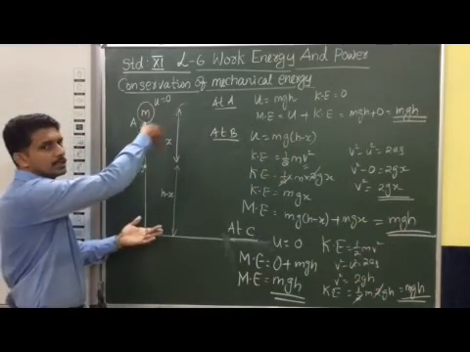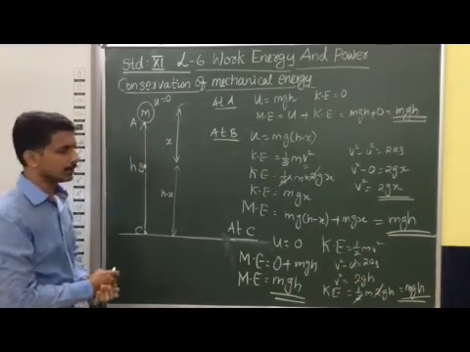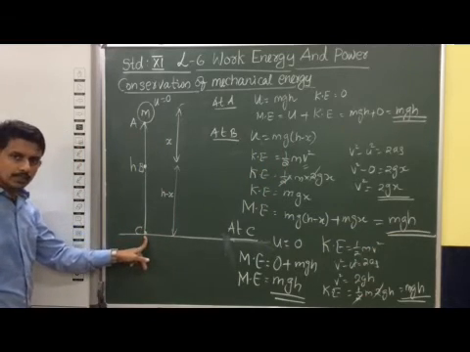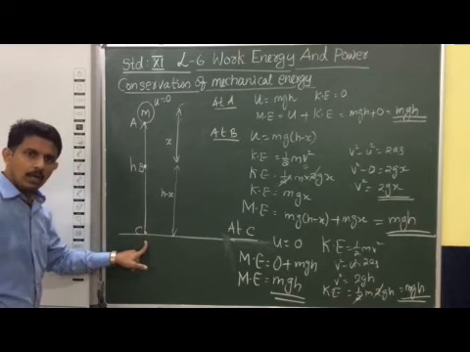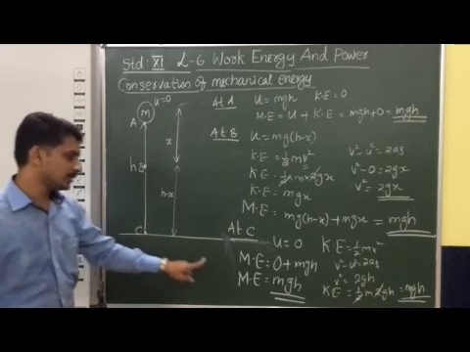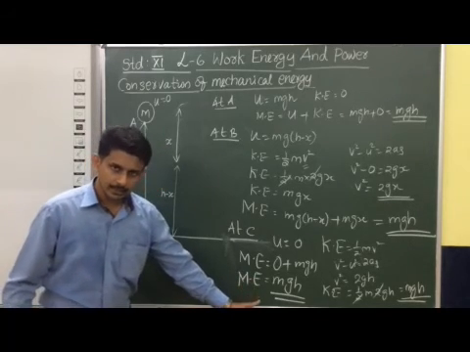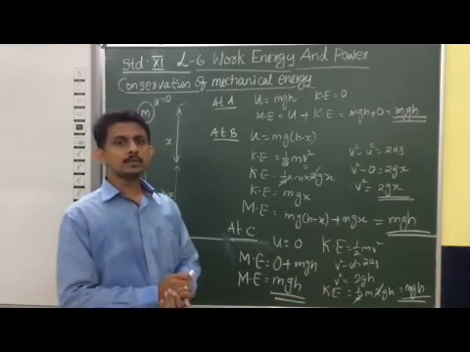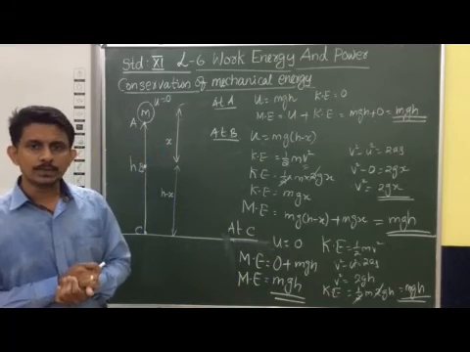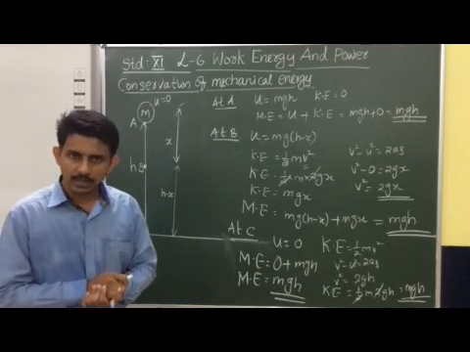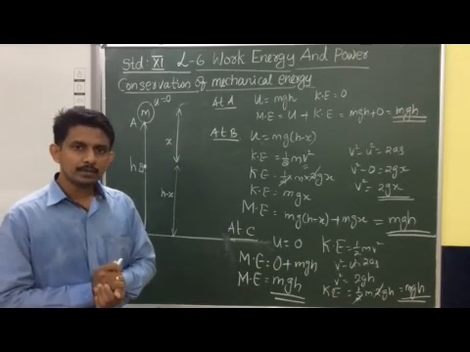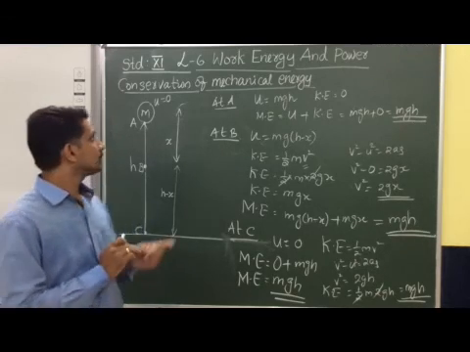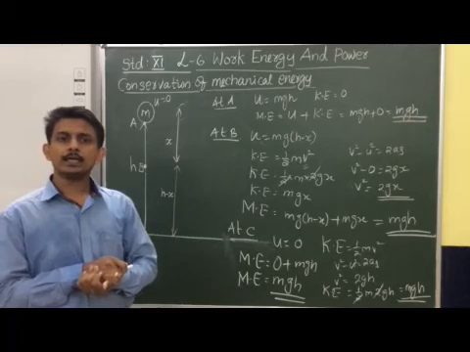Even though kinetic energy increases, potential energy decreases. And at point C, potential energy becomes 0 and the entire energy becomes kinetic energy, so the mechanical energy is again mgh. That means the total energy possessed by the body, which we call the mechanical energy, remains constant. This is known as the law of conservation of mechanical energy.